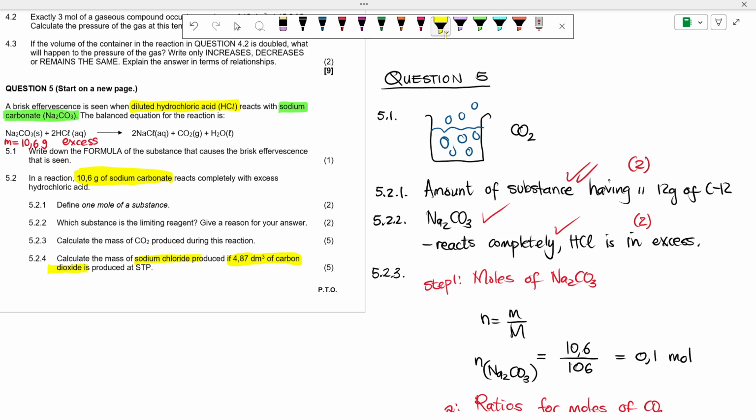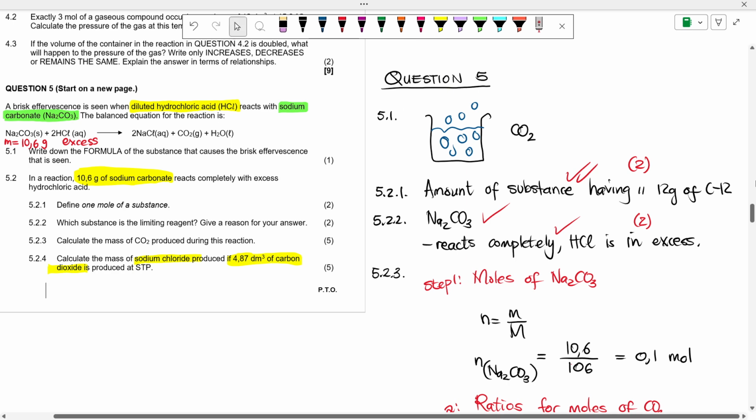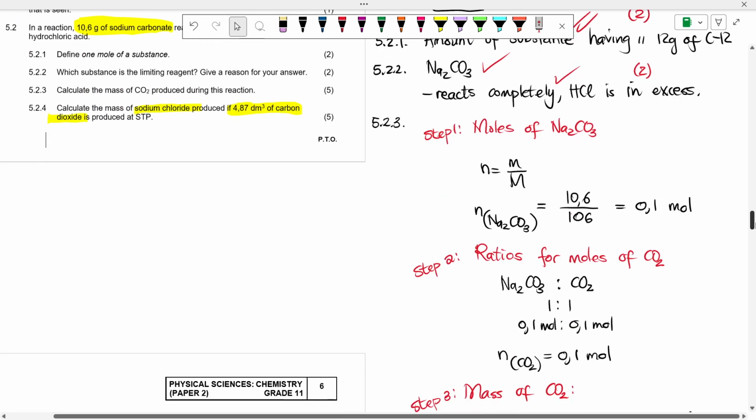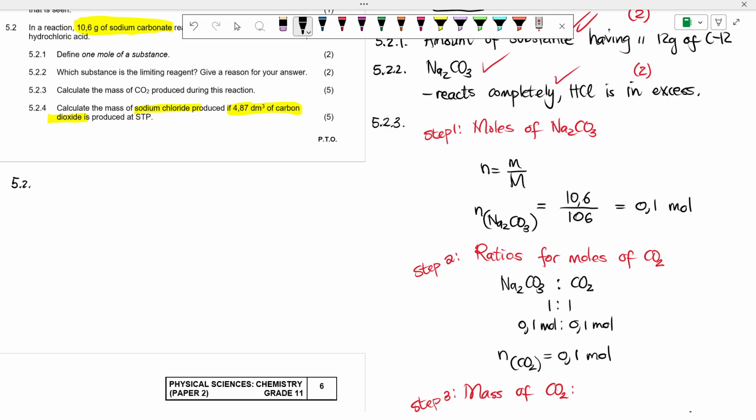Okay, to me, this question is not very smart because I don't need to know the products of carbon dioxide in order to find the mass of sodium chloride, because I already know the moles of sodium carbonate that completely reacted. But anyways, we'll follow what they want us to do because already we know what they want us to do. I'll write it here, 5.2.4.